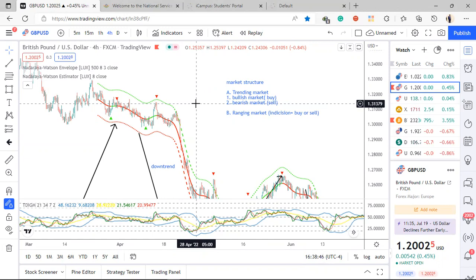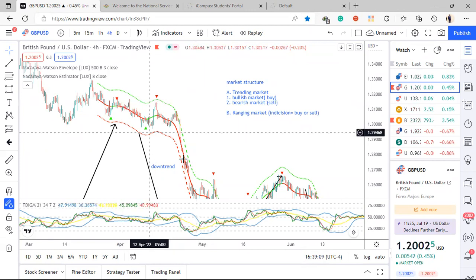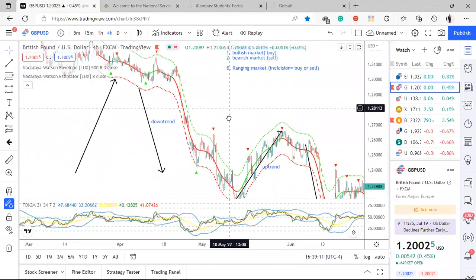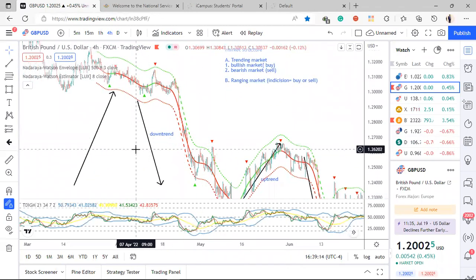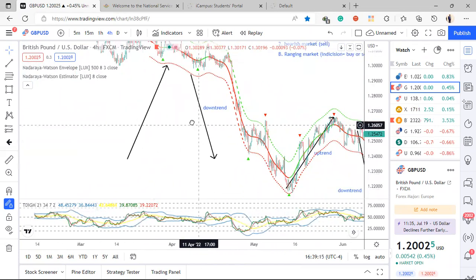A trending market is either in an uptrend or a downtrend, where we look at an uptrend to be a buy market, some call it a bullish market, and a downtrend to be a sell market or a bearish market.